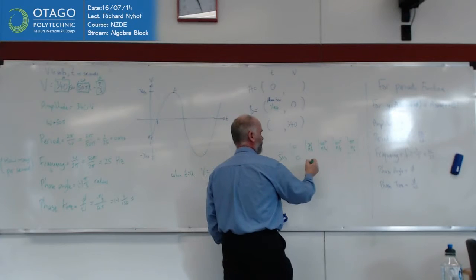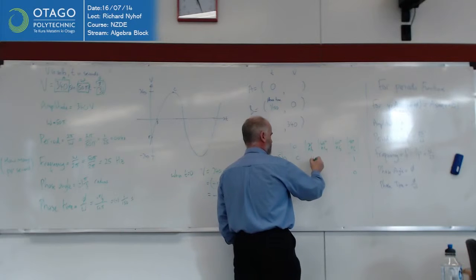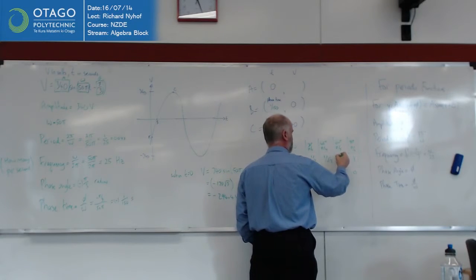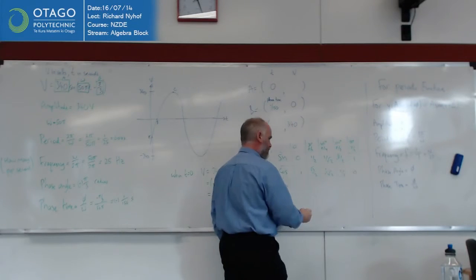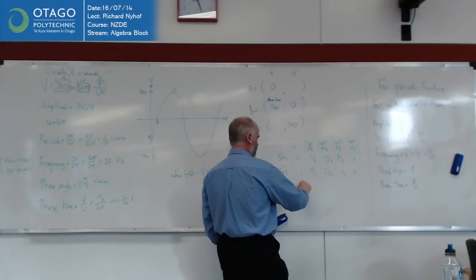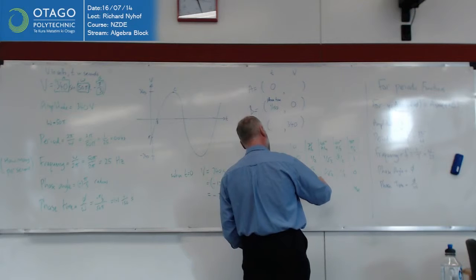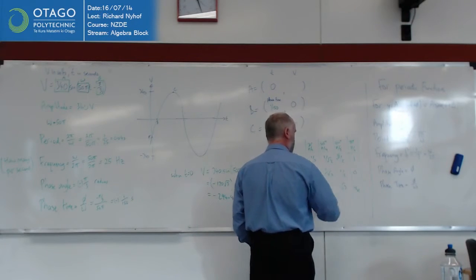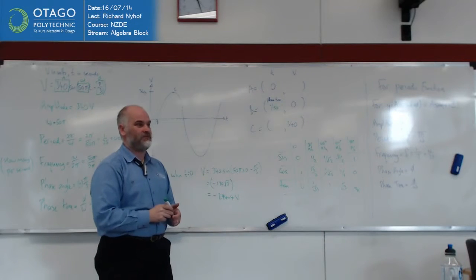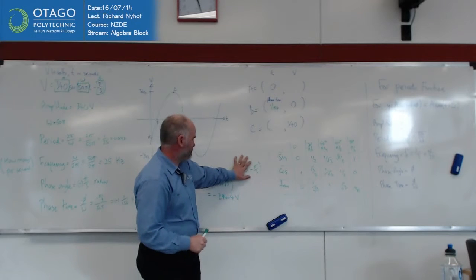Sine starts at 0 and goes to 1. Cos starts at 1 and goes to 0. This is a half. This is 1 over root 2. This is root 3 over 2. Then it goes the other way, root 3 over 2, 1 over root 2, a half. Tan is sine divided by cosine, so that one's undefined. That one divided by that one is 1 over root 3. That's the same. And that's root 3.